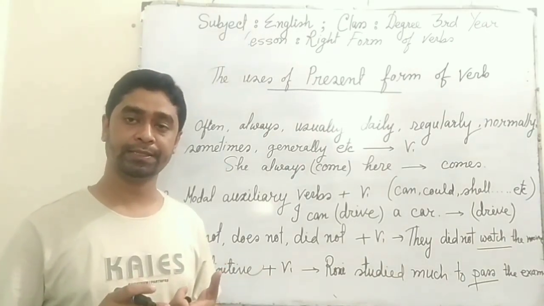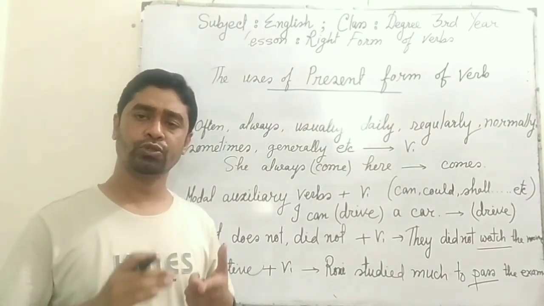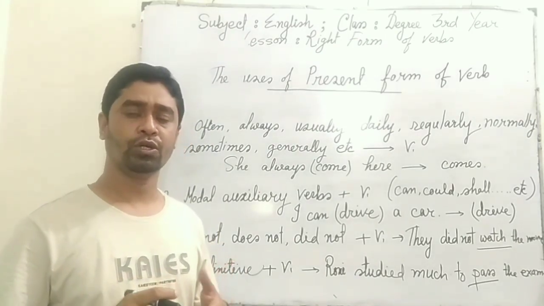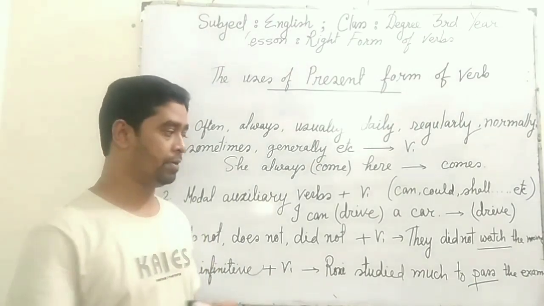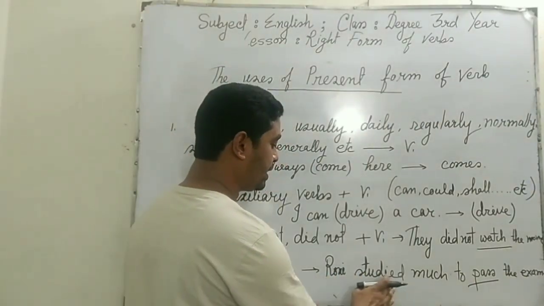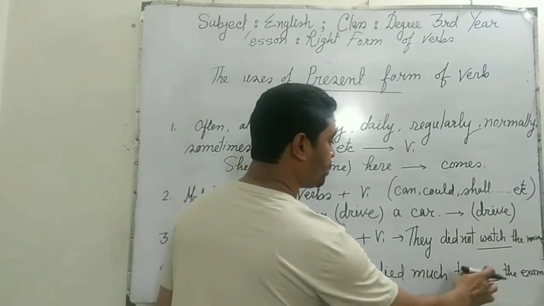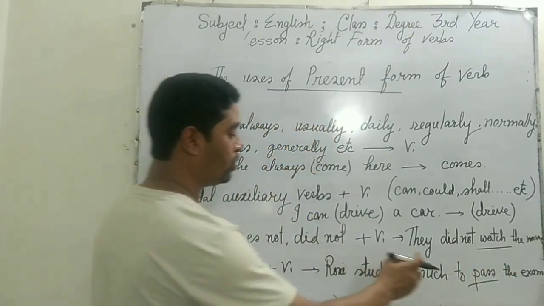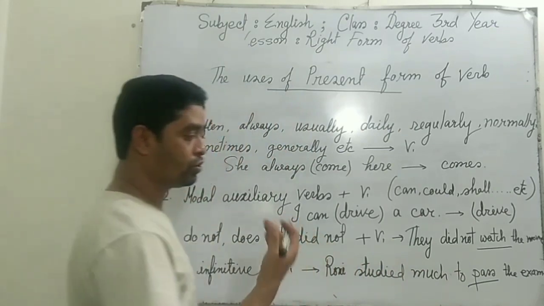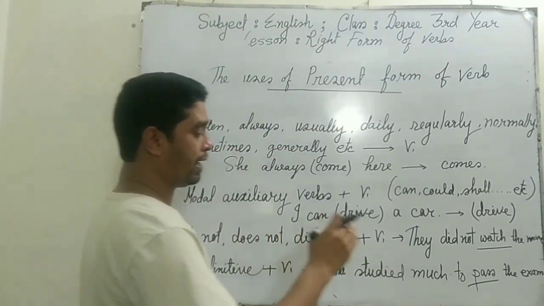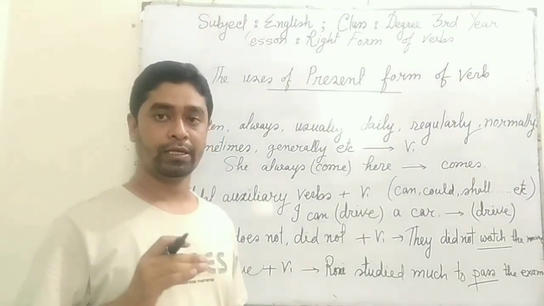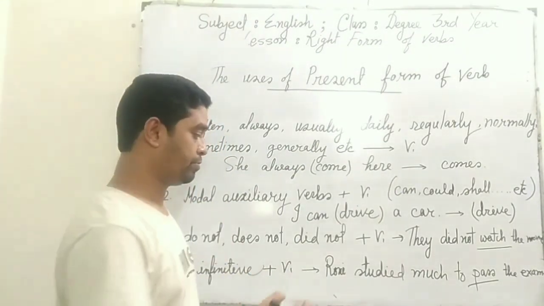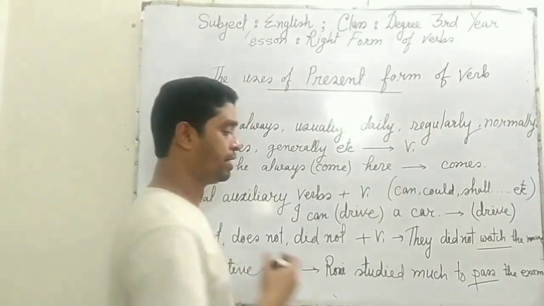If in a sentence we find to infinitive, then we have to use the present form of the verb. For example, Ronnie studied much to pass the exam. Here, to infinitive, we find to in this sentence, and after to we find a verb. This verb will be present form. Ronnie studied much to pass.